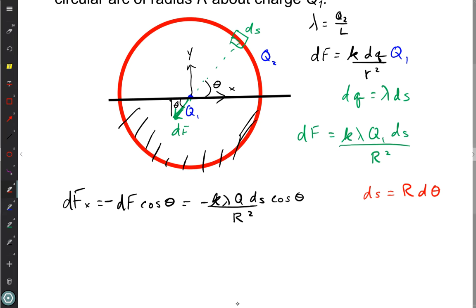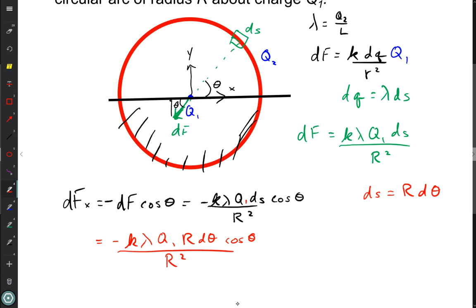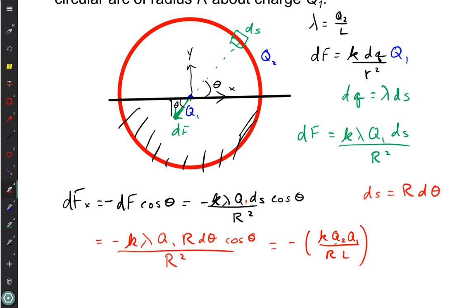And so that makes it real easy to write this as minus k lambda Q1 R d theta cosine theta over R squared. I substituted for lambda here, so I put Q2 over L. The R on top canceled with one of the R's on bottom, so that's why it's only over R.